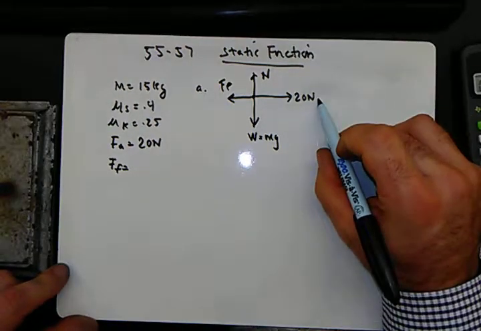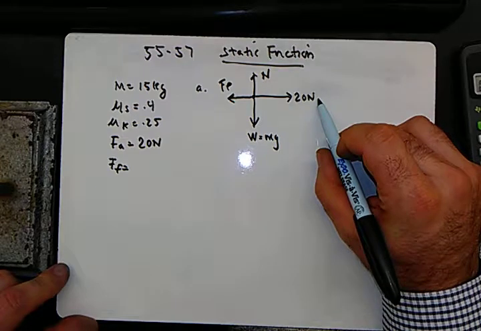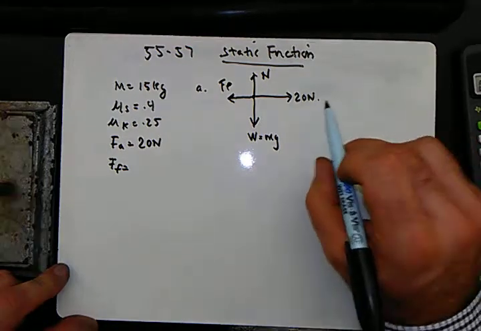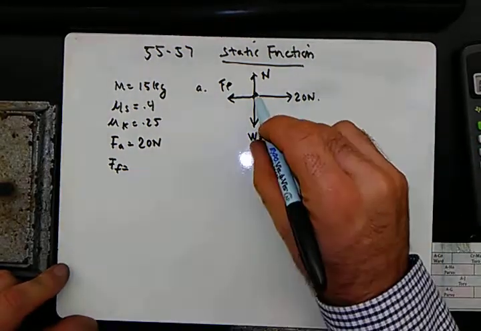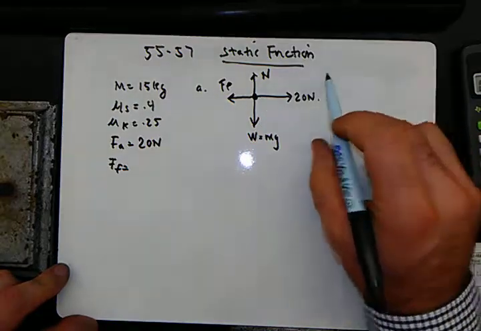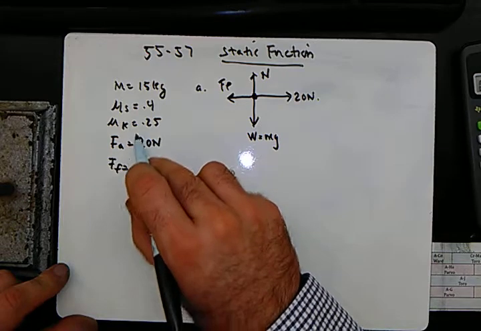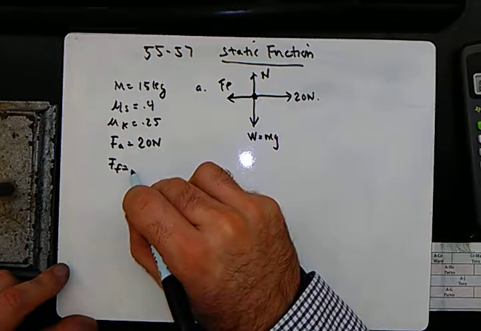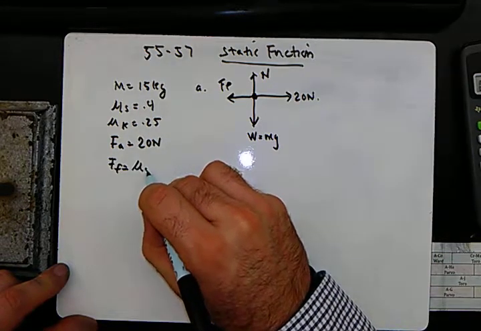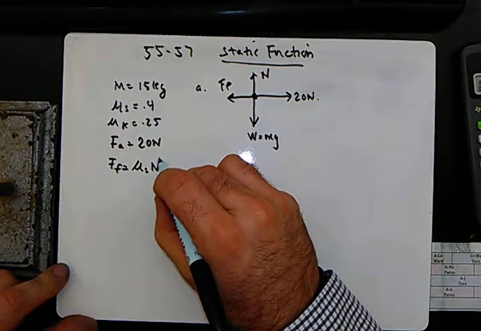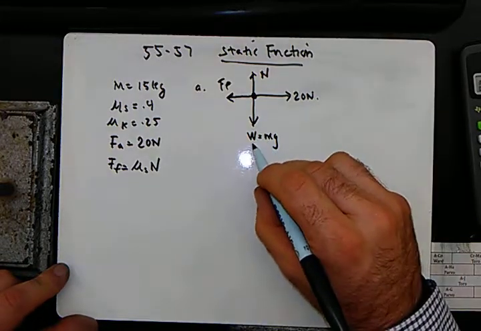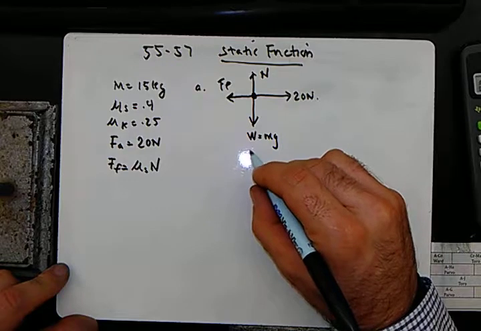Okay, now we've got 20 newtons applied to a stationary object. So let's see what happens here. Because it's stationary, we're looking at static friction. Stationary, static. First of all, we're going to figure out the weight of this object.